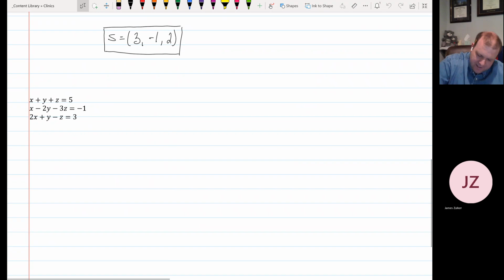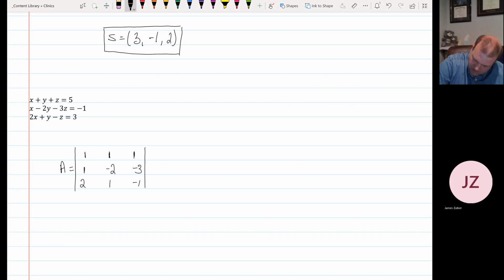And so again, let's take note of our coefficient matrix and our vector.